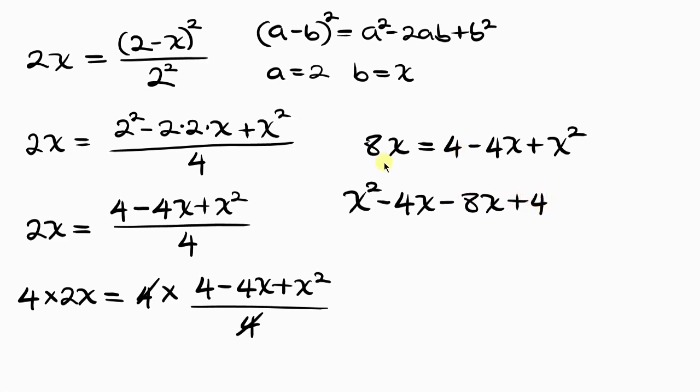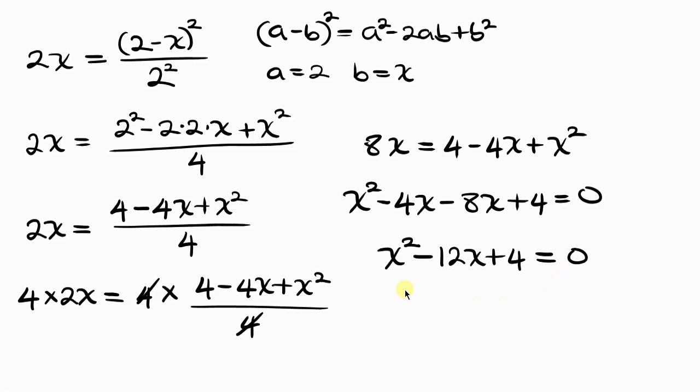So you notice that I moved this 8x to the right hand side, making all the terms to be on one side equal to 0. So this simplifies into x squared, now minus 4x minus 8x is minus 12x plus 4 equal to 0.